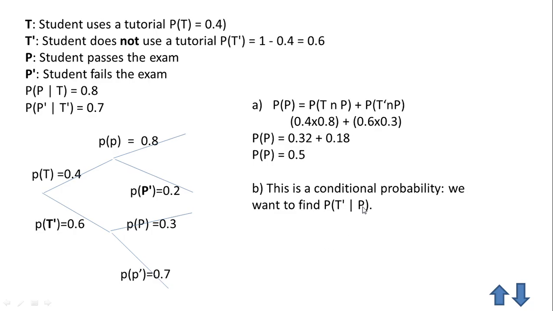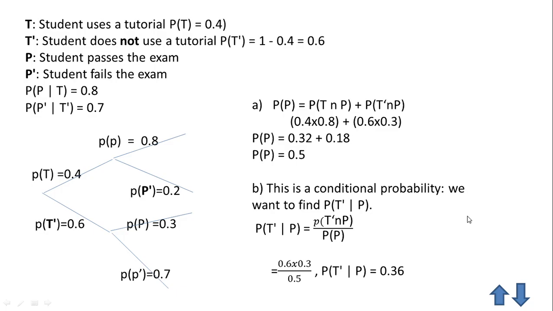This is a given symbol which is expanded as: probability of T complement intersection P divided by probability of P. Now probability of T complement intersection P, when we come to our probability tree, we look at this T complement times this P, that is the numerator term, 0.6 times 0.3 divided by probability of passing. Here the probability of passing, we have it in part A, which is 0.5. So our answer is 0.36.